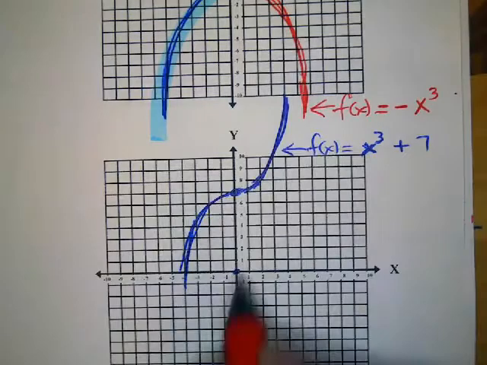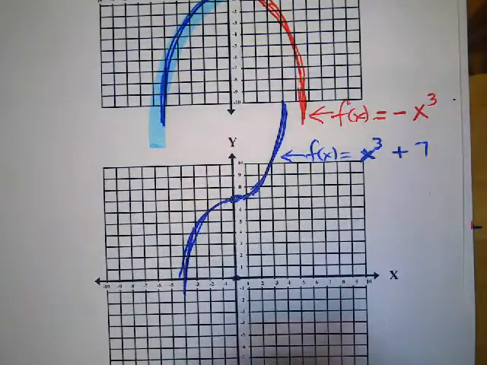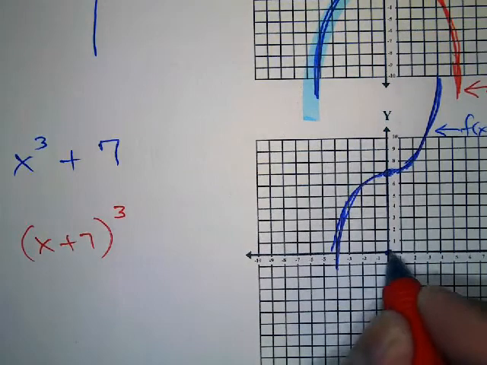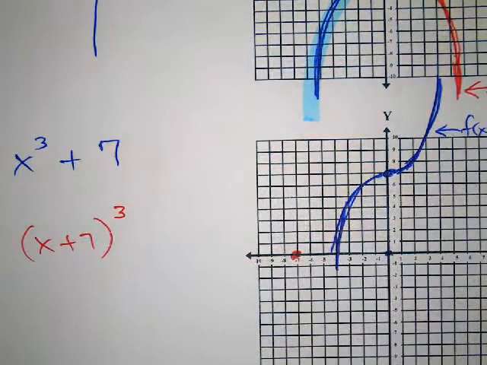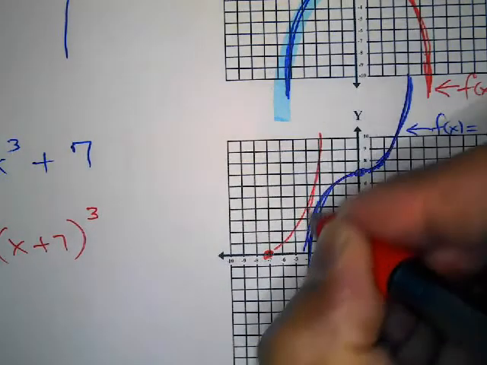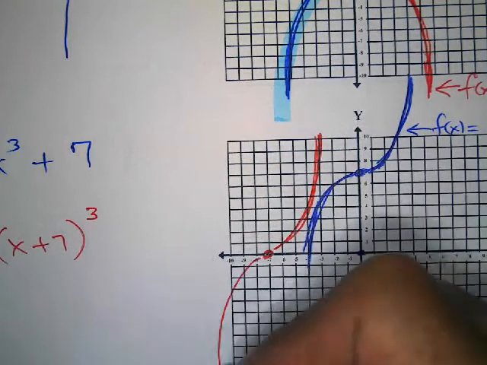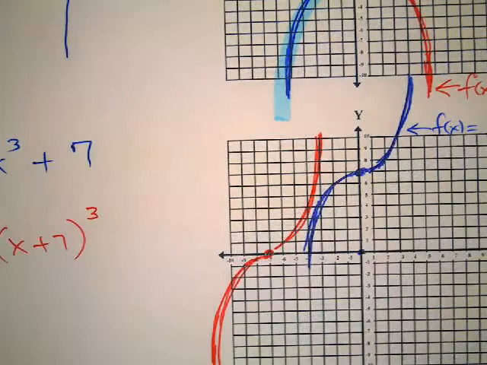Now this is horizontal, right? So I start at the origin 0, 0, and I'm not going to go to positive 7, right? Horizontal is left and right. You do the opposite, so you know that. You go over here to negative 7. And then you draw your, kind of like your half of your U this way and your other half of your U this way.